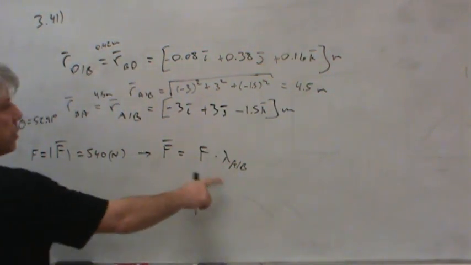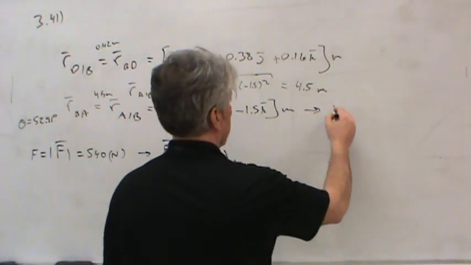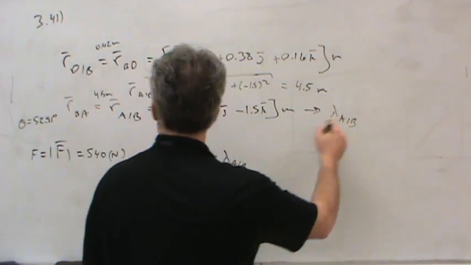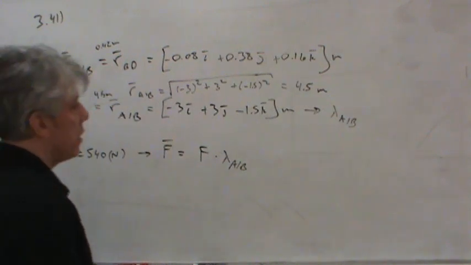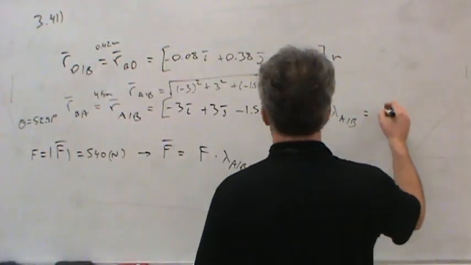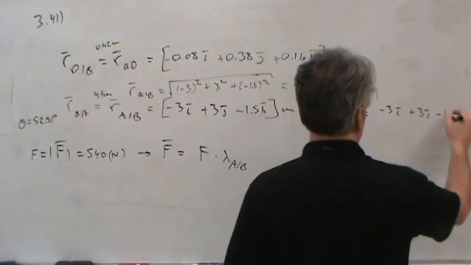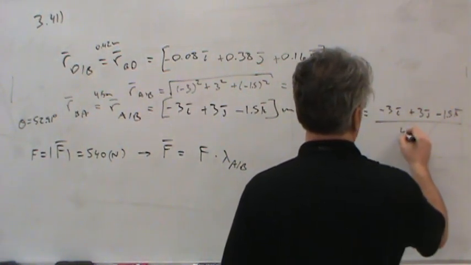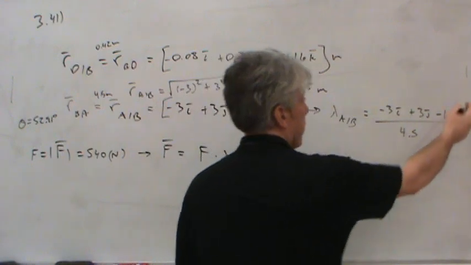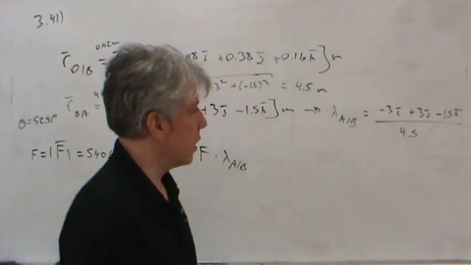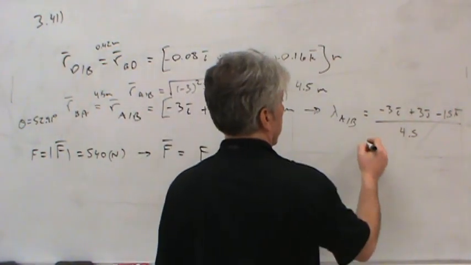So what do I mean by this unit vector? Well, what I mean is we ought to take this position vector, divide it by the magnitude, which is 4.5. Of course, we've got meters over meters, so this is a dimensionless thing. It'll have unity length.